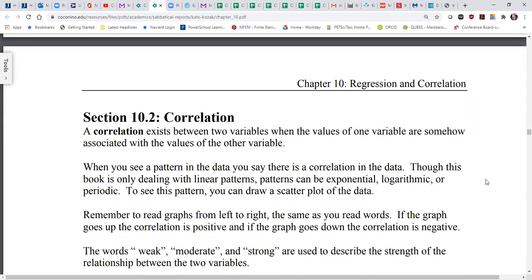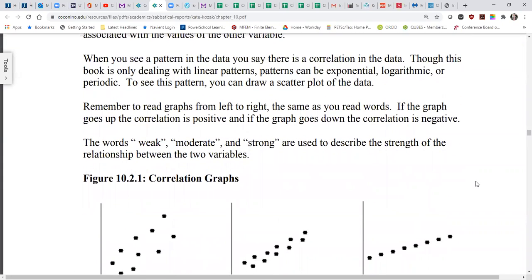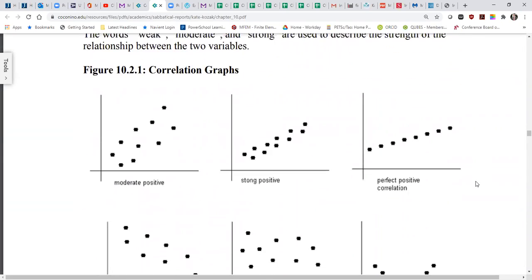So to see the pattern, you can use the scatter plot, right? So you can see here, this is what we call a moderate positive. If the points are a little bit scattered around a straight line, going from left to right, it goes up. So this is a moderate positive correlation.